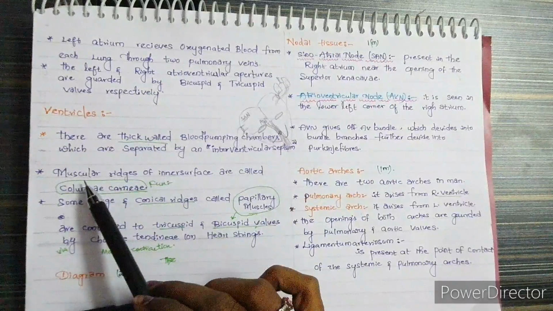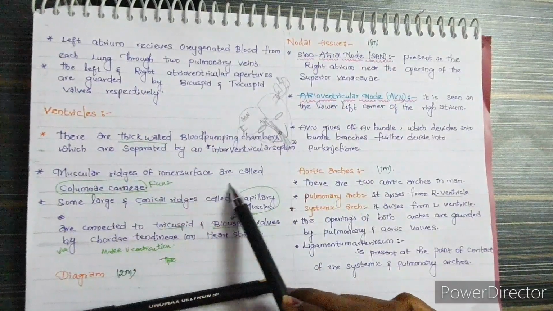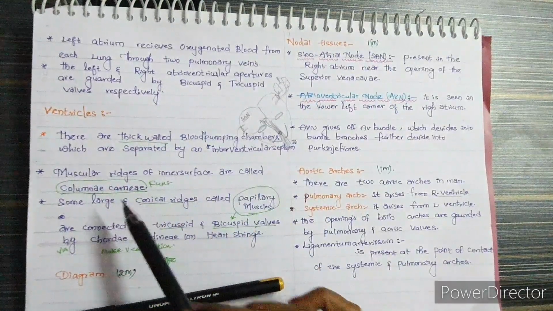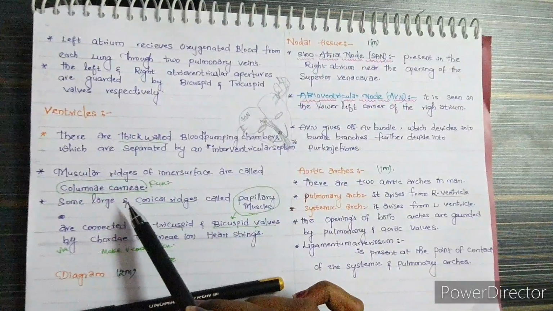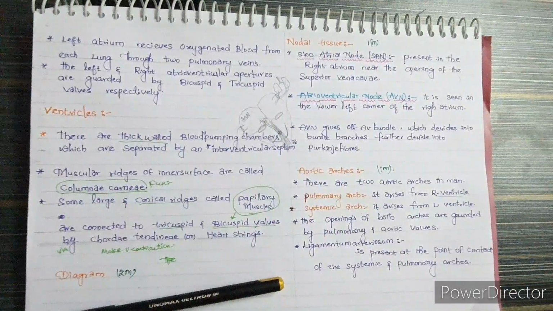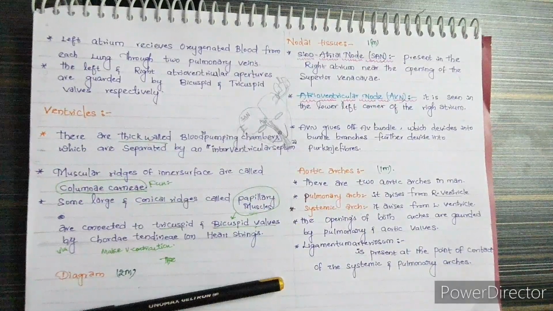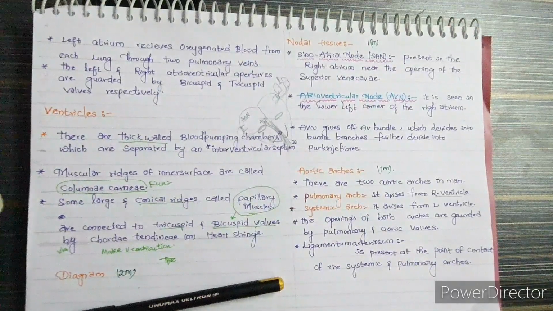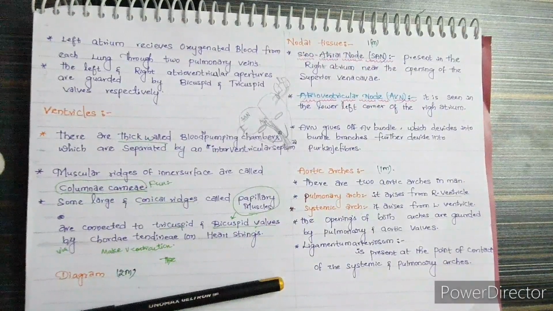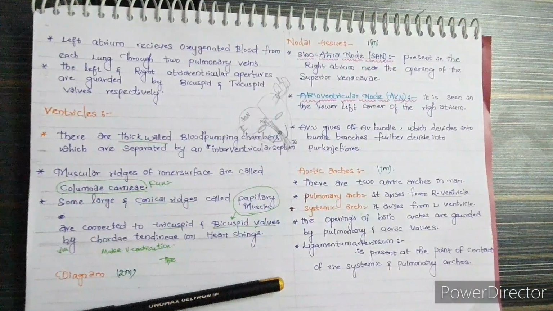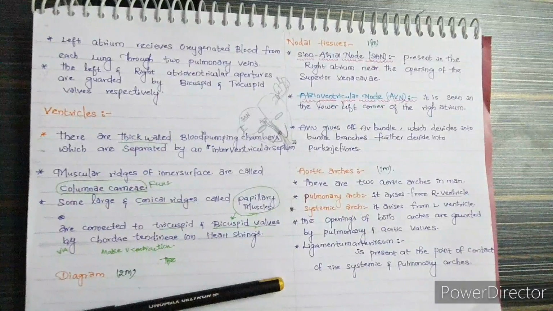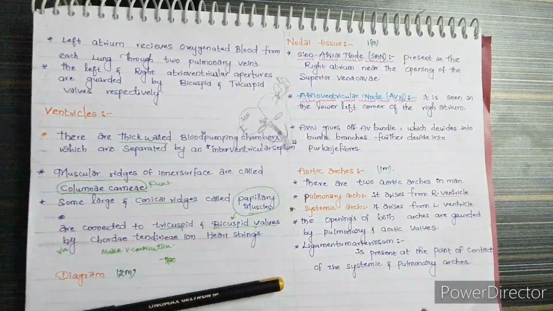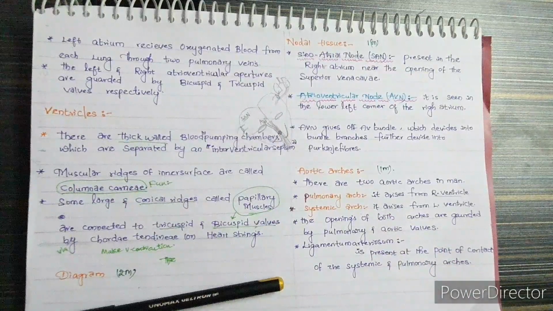Muscular ridges of the inner surface are called columnae carneae, also known as trabeculae carneae. These are muscular ridges projected from the inner walls of the heart ventricles. Their structure is important to their role, because if the inner surface of the ventricle were flat, suction could occur that would impair the heart's ability to pump efficiently.